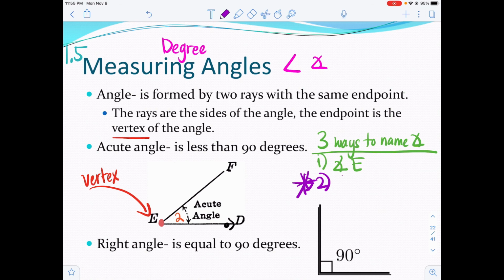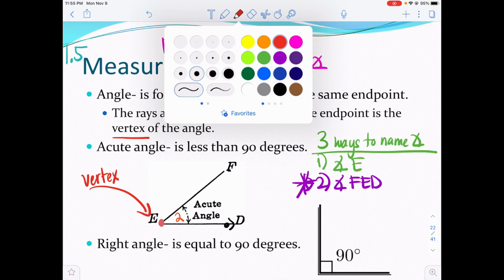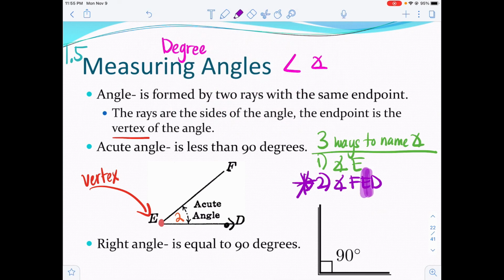So we're talking about angle F, E, D. Now, yes, it has to be in this order because the vertex has to be in the middle. Or you could also name it angle D, E, F. Once again, you'll notice the vertex is in the middle. This is important. It has to be. If not, you're not saying the right angle. Okay, so make sure that the vertex is always in the middle.